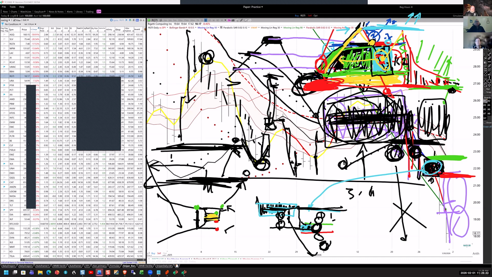And what I did was I added value by exiting here, and I saved this in order to re-enter here. This little bit is extra payment because I exited here and got the same trade but here.